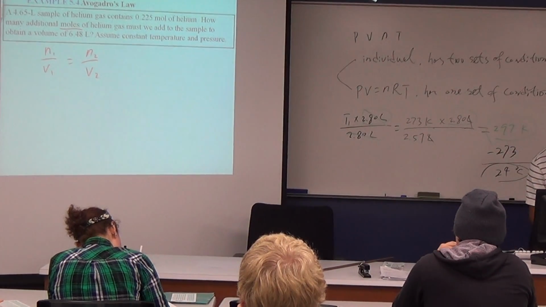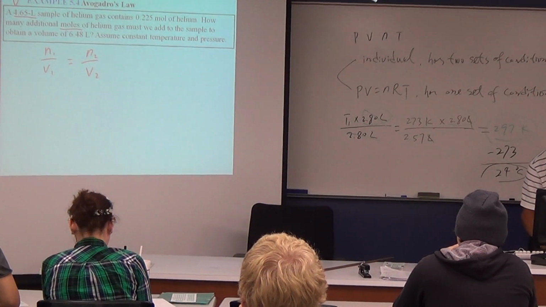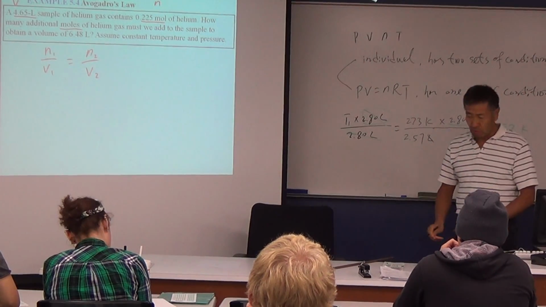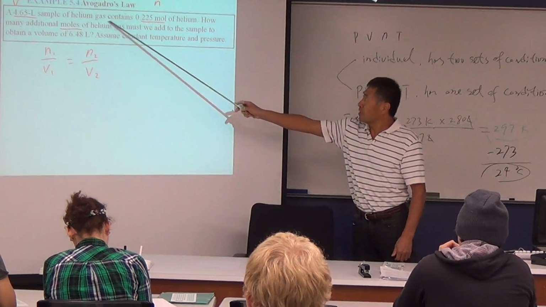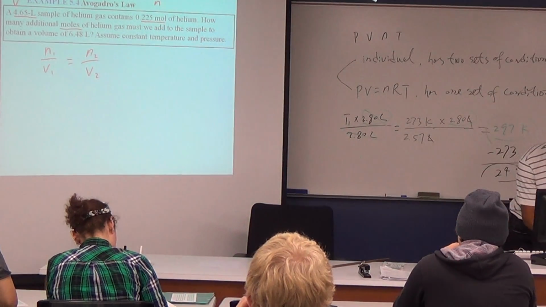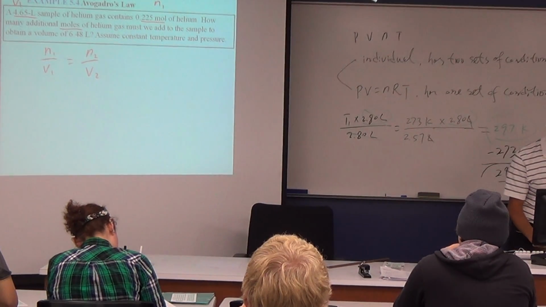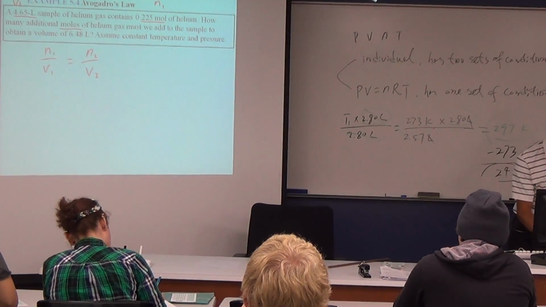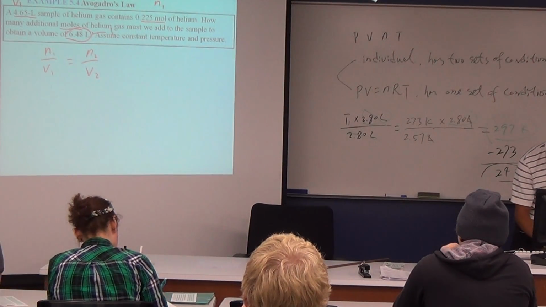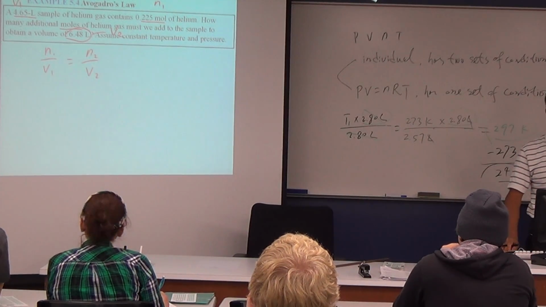This is one volume, so I'll call this V1, and this amount of gas goes together with it, so this will be our n1. You have two volumes, there's another volume, and if you already have a V1, this must be our V2. It's very, very straightforward, very simple.